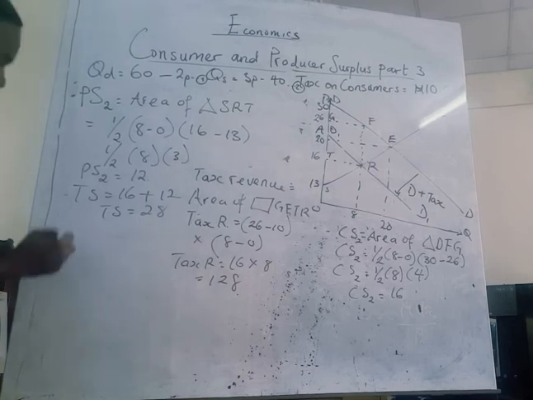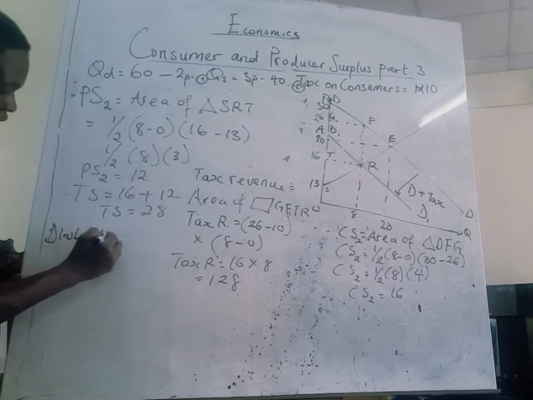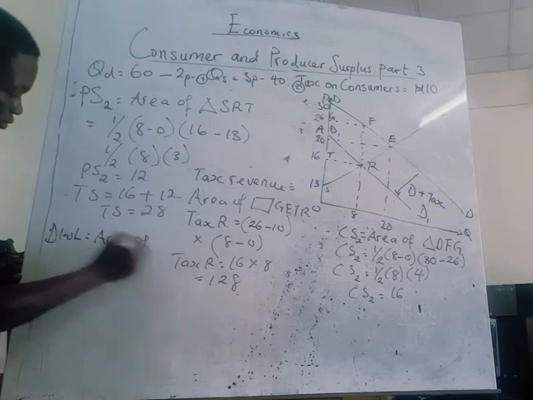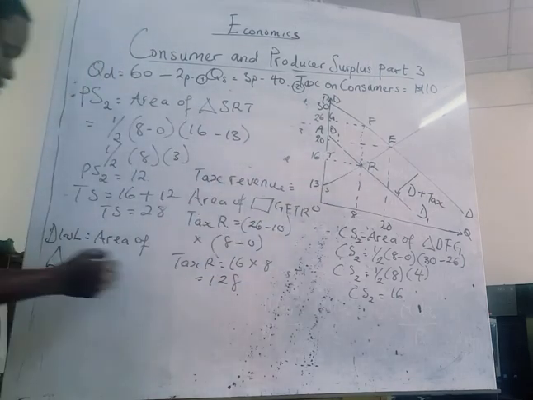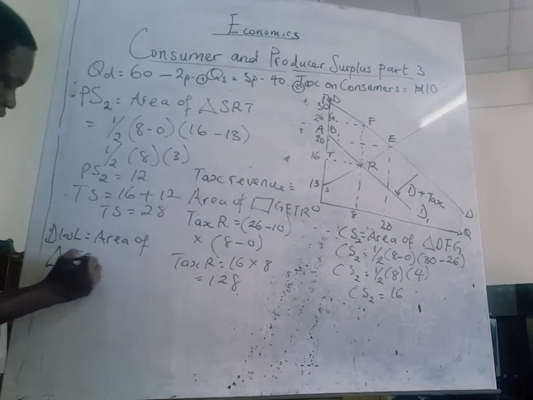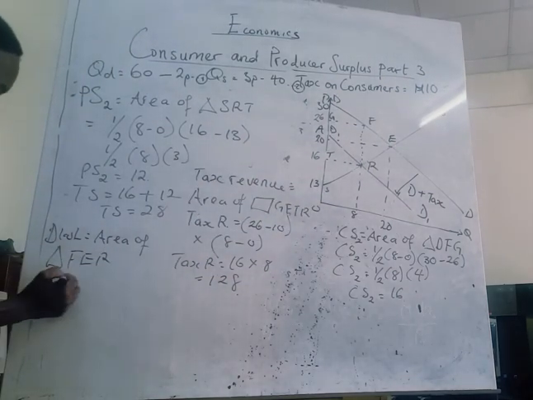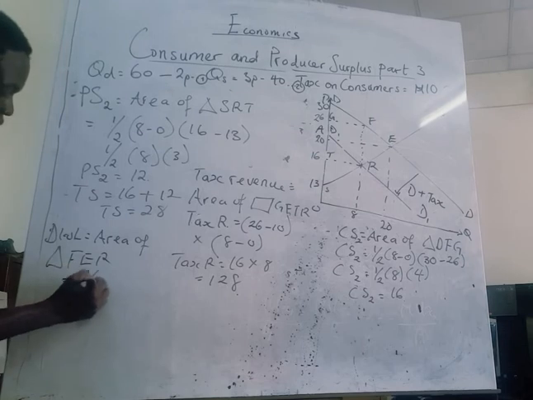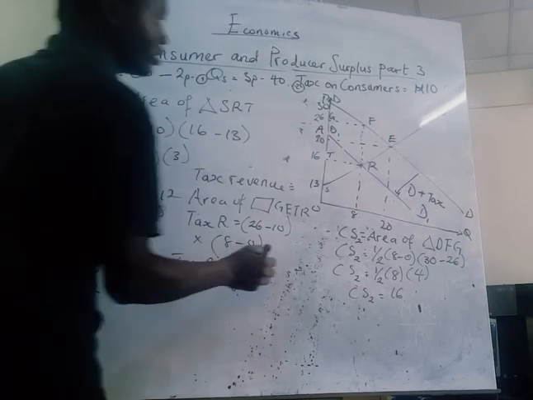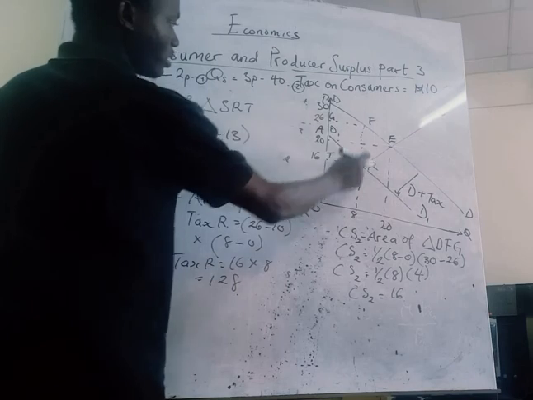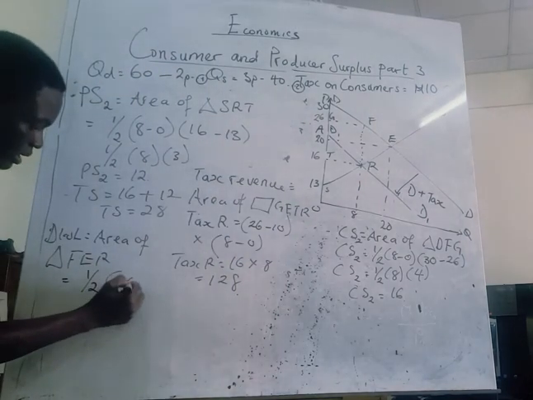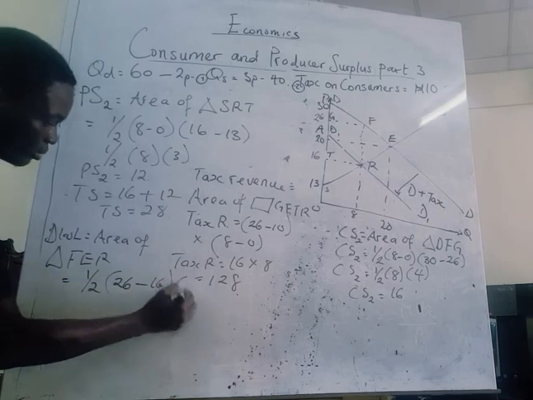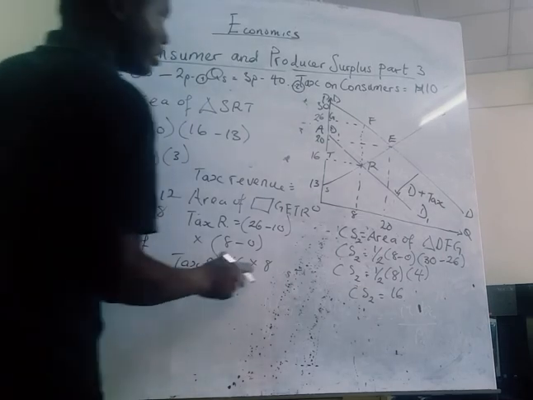So our deadweight loss is calculated as the area of triangle FER, and that is giving us half base times height as well. The base is the whole of this, 26 minus 16, the distance there, multiplied by the height.